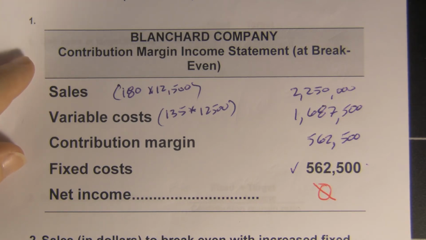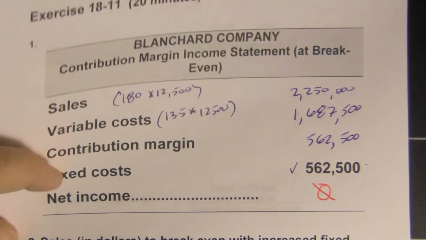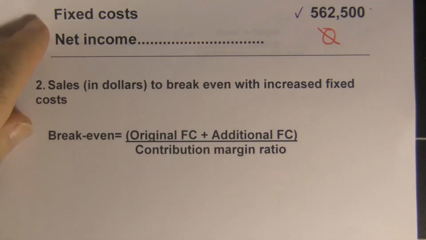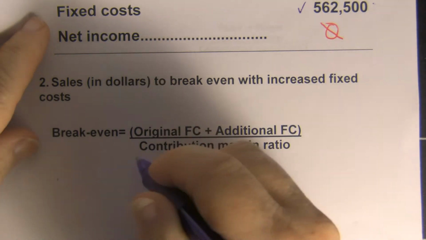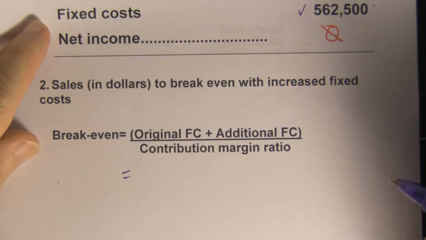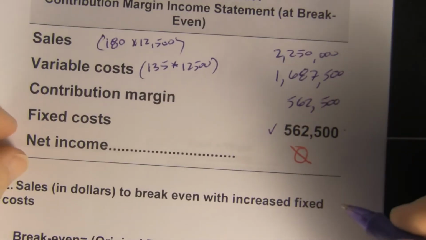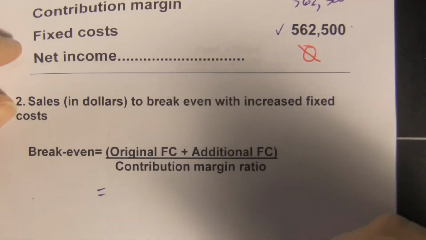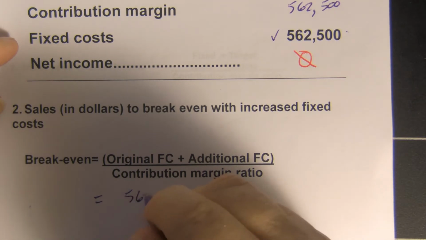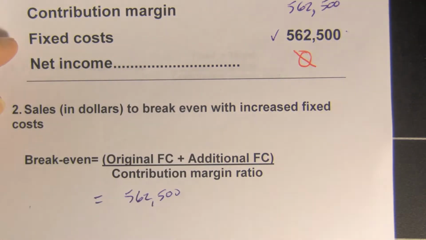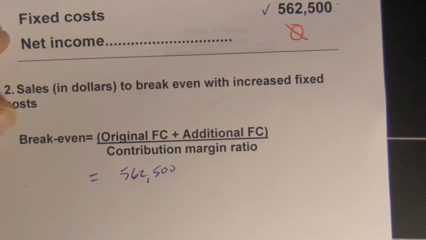With any of these problems, what you'll simply do is take the break-even. You're going to be doing the same break-even calculation, but we're going to take the original cost, which was $562,500, our original fixed cost.